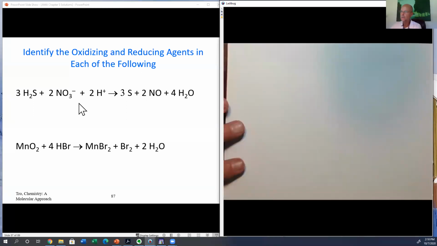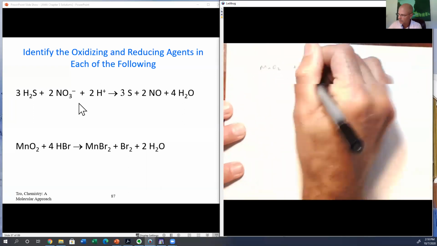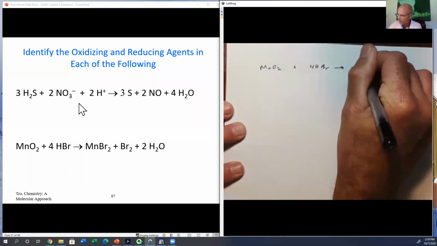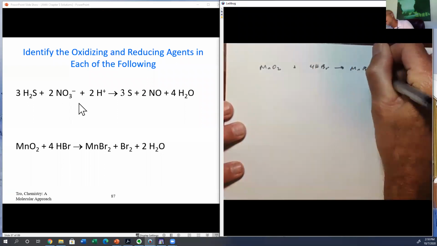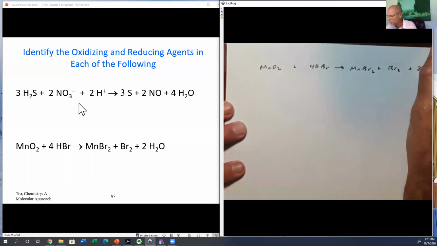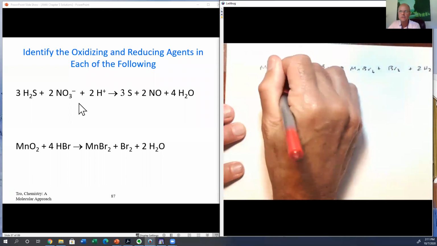example. So here we have MnO2 plus 4 HBr goes to MnBr2 plus Br2 plus 2 H2O. All right, and if we again assign oxidation states, in this case, we go to oxygen first, that's -2.